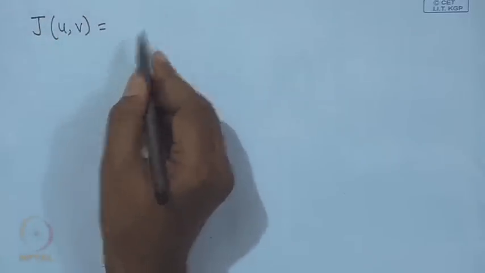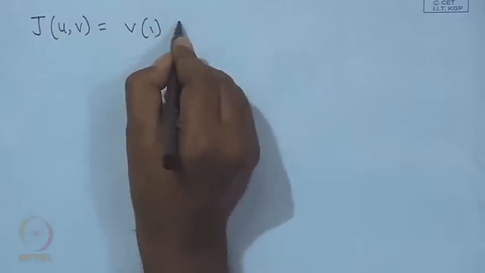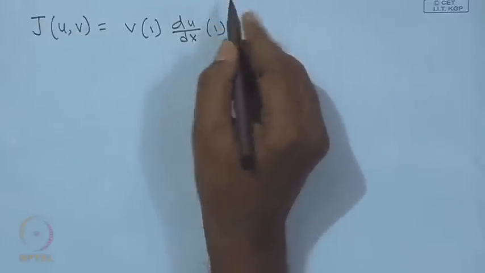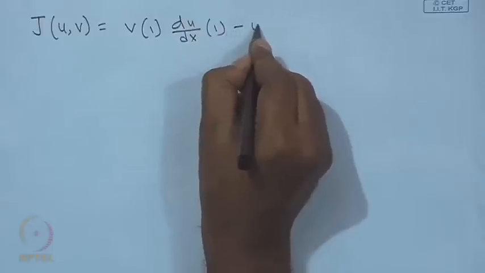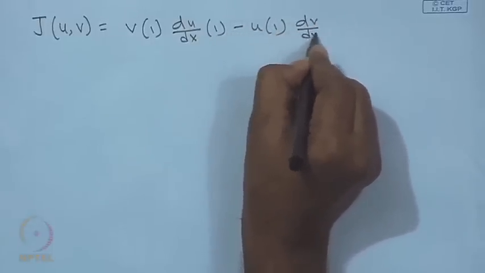So, J(u, v) will be v at 1 du/dx at 1 minus u at 1 dv/dx at 1.